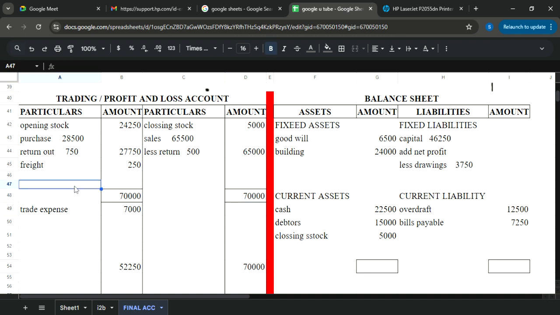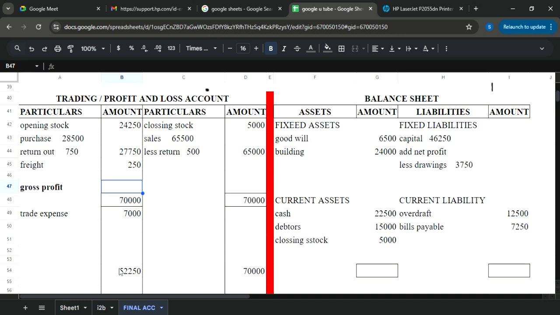Second step is to choose the smaller side. This is the smaller side, and since your income is more than your expense, this would be considered your gross profit. And how will you calculate gross profit? You will subtract the smaller sum, which is 52,250, from the larger sum, 70,000.